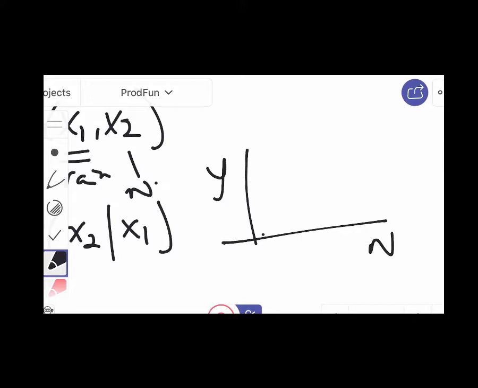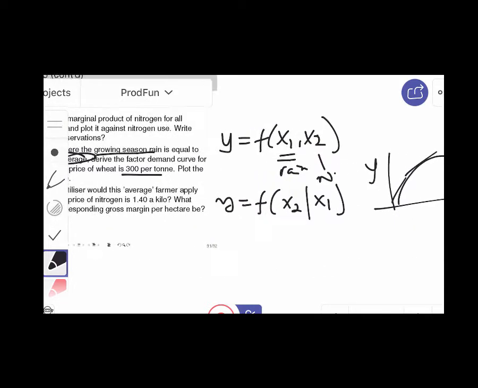If it's a quadratic function, it's going to be something like that. I can work out what the marginal products are and what the average products are, and I can work out what the optimal is very easily.